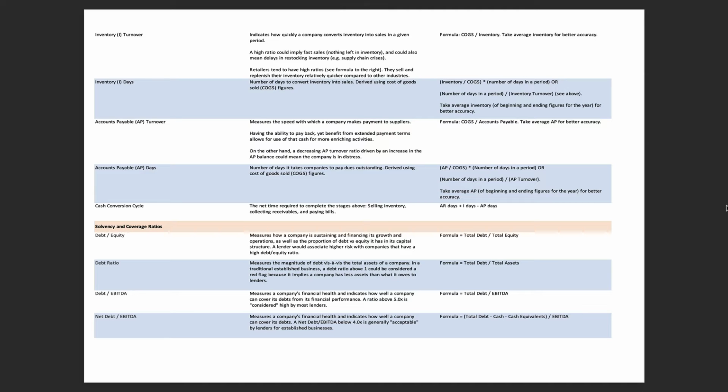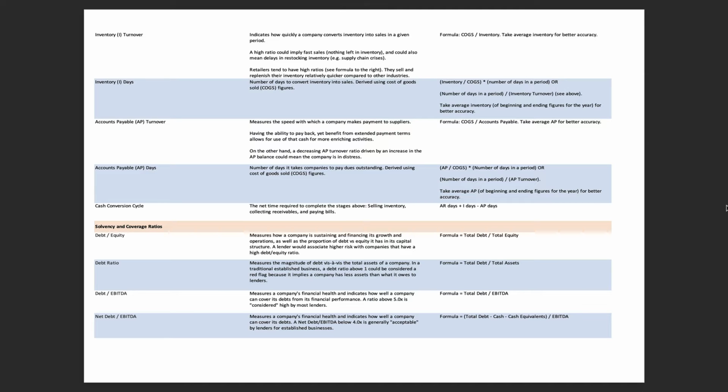Next, we have the accounts payable turnover, which measures the speed with which a company makes its payments to suppliers. So the formula for the accounts payable turnover is cost of goods sold divided by accounts payable, or average accounts payable. And so when the accounts payable figure is high compared to the cost of goods sold, that could mean two things.